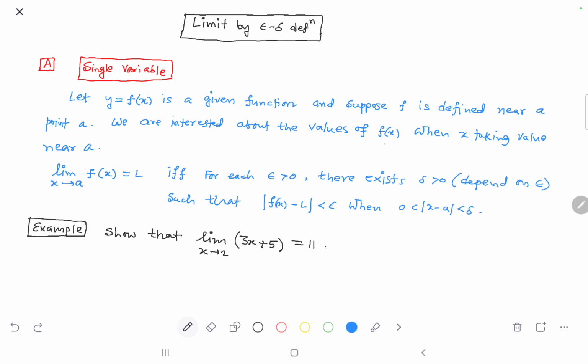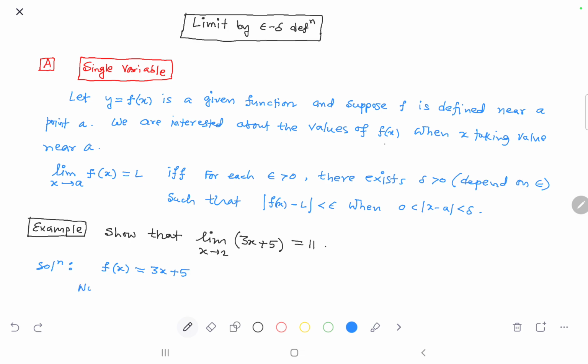Okay. So here is the solution. So how do we start this? First, you will always consider the function f(x). f(x) equal to 3x plus 5. Now in the next step, what do you do? You will calculate f(x) minus 11.